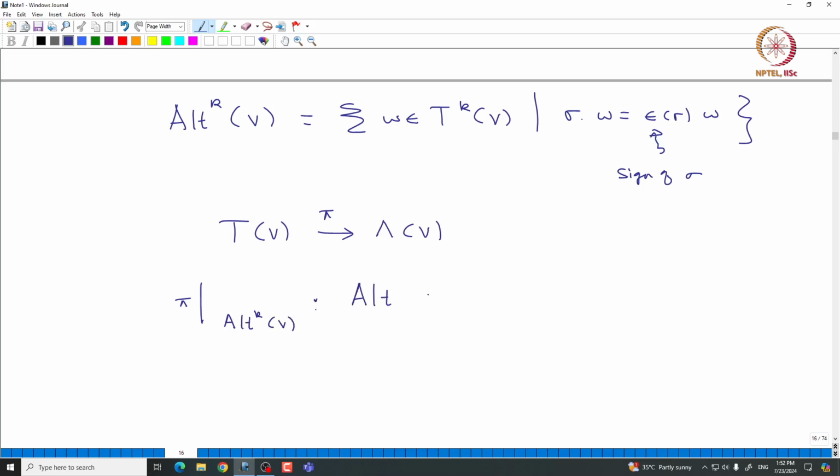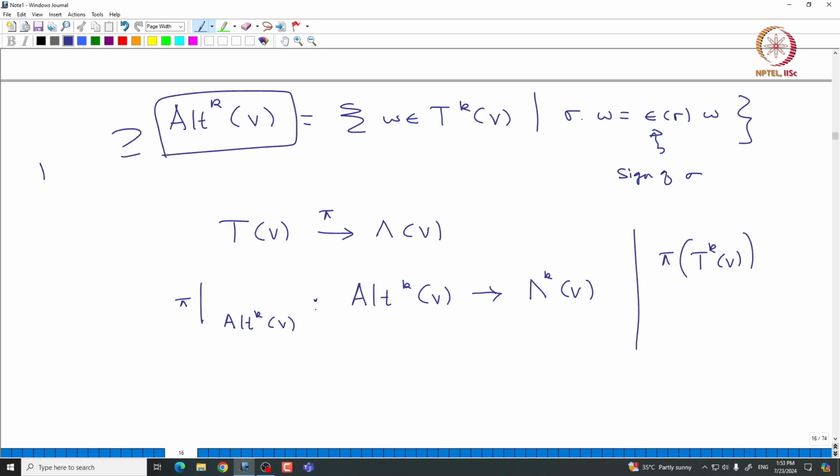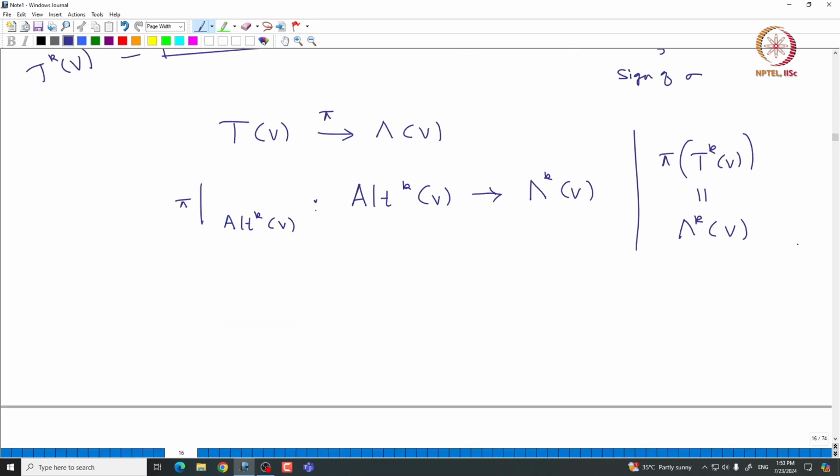This is going to be a map from the alternating tensors, naturally, to the kth wedge product, because one can see that the kth wedge product is the image of T^k of V. And by definition Alt^k V sits inside T^k of V. So there is this natural map. Indeed, one can prove this is a vector space isomorphism.